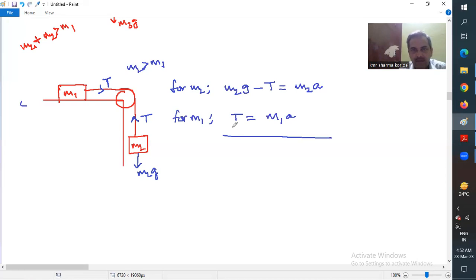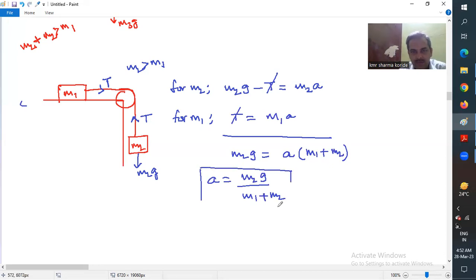Tension gets cancelled. Therefore, M2G is equal to, taking out common A, M1 plus M2. So acceleration is equal to M2G divided by M1 plus M2. You can expect a simple question based on this.